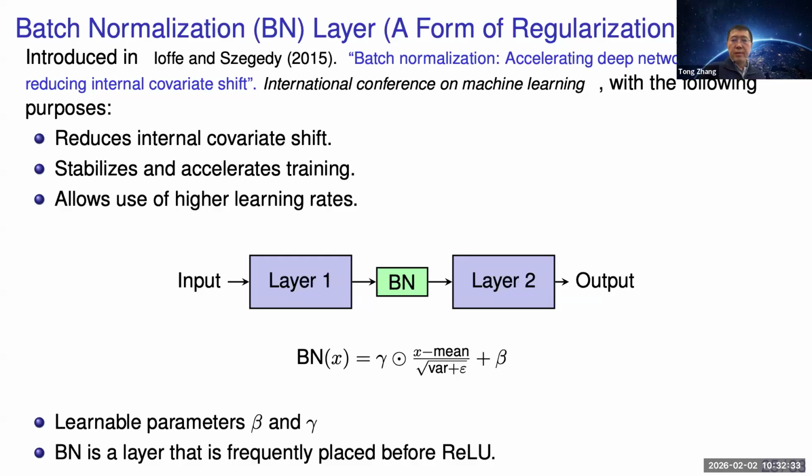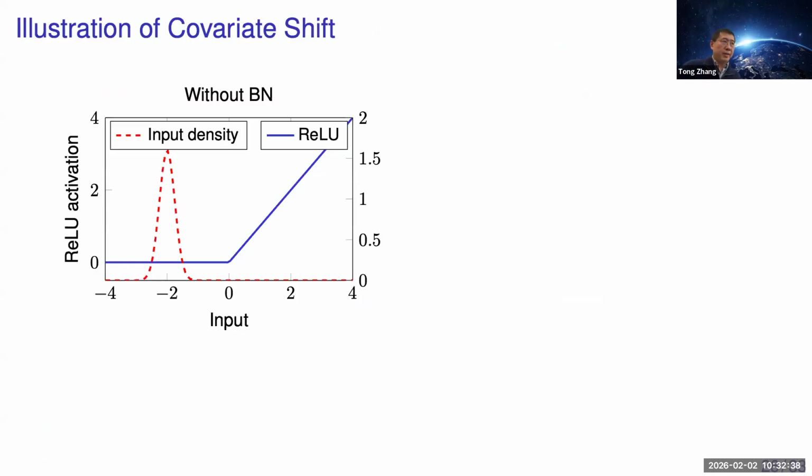So the question is, what do you want to do with that? Here is an illustration of covariate shift. If you look at your batch statistics, say they are all here, they all become 0, then basically it cannot be trained, because they are all the same. For the ReLU function, the output is 0.